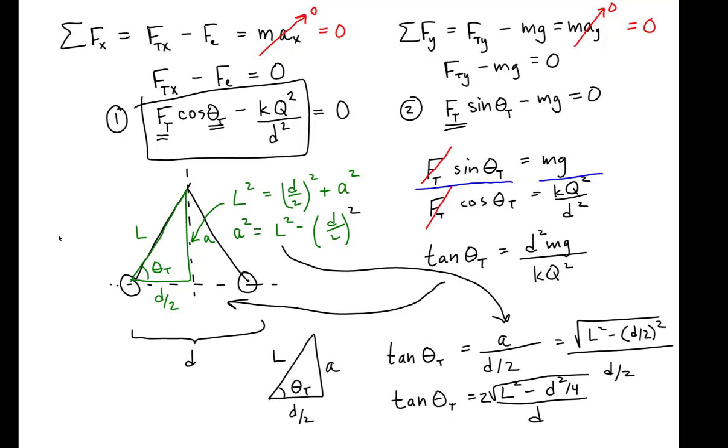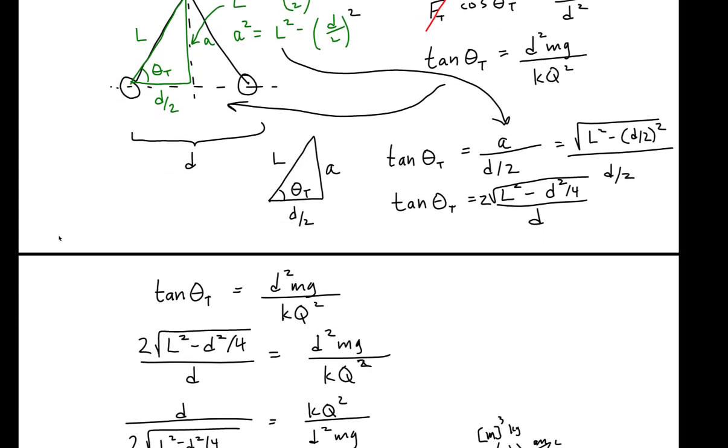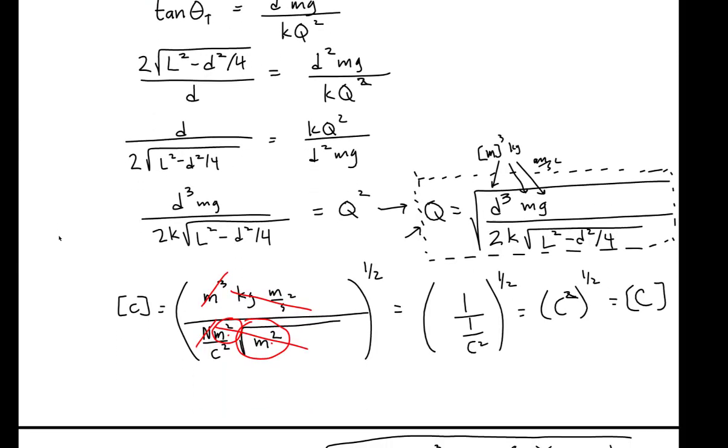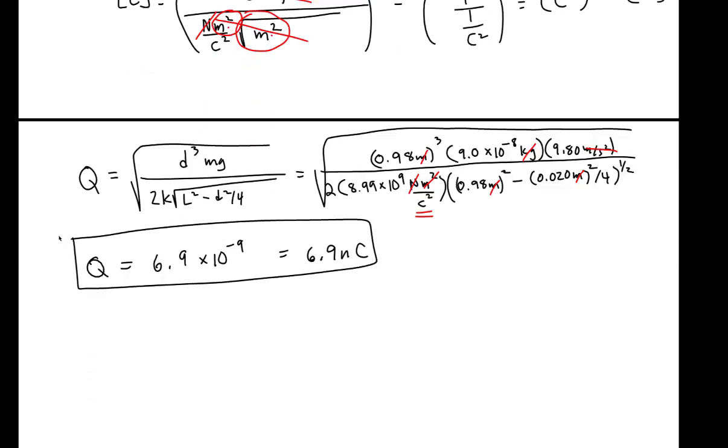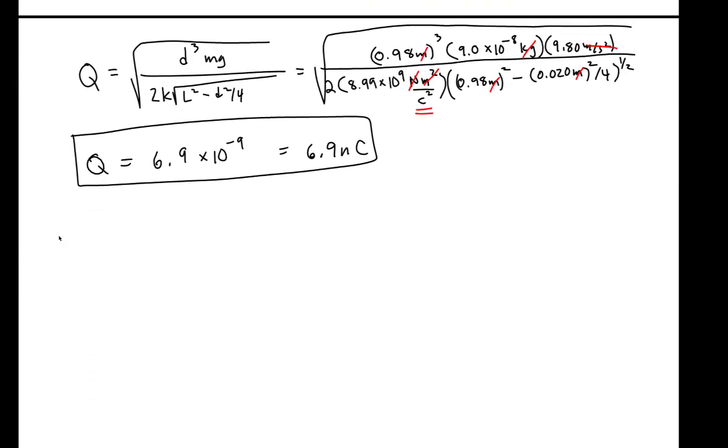Now, using a little bit of algebra, we chose to solve this by using the elimination method to eliminate the variable of tension. And a little bit of algebra later, followed by a unit check, led us to an answer of 6.9 nanocoulombs for the amount of charge that must be on each of those spheres in order to cause the separation that they have.